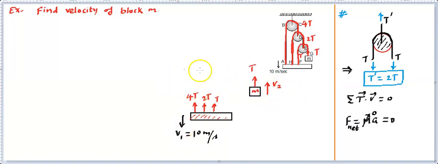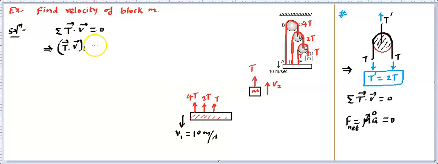Understood? Now let's use the formula that we have talked about for constraint motion, and you will get your answer quickly. It's called summation T dot v must be equal to 0. This has to be applied for the two blocks. Summation T dot v for block 1, and T dot v for another. If there are multiple blocks, you can keep on writing this.